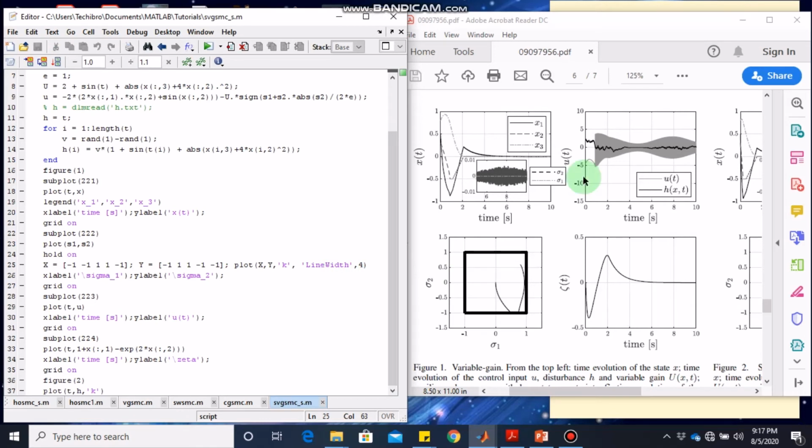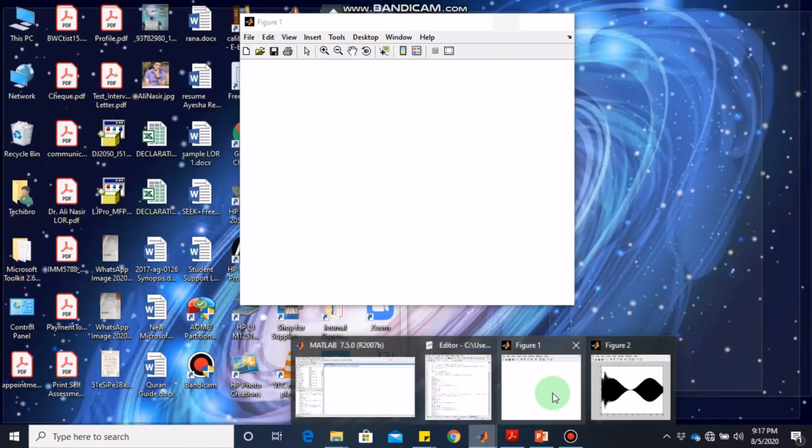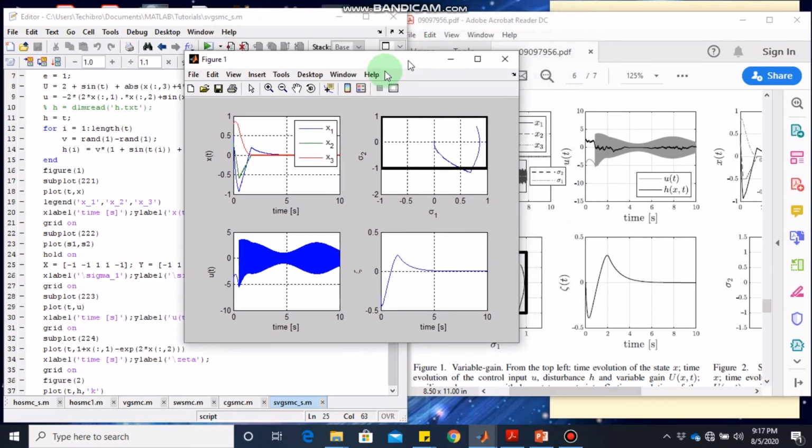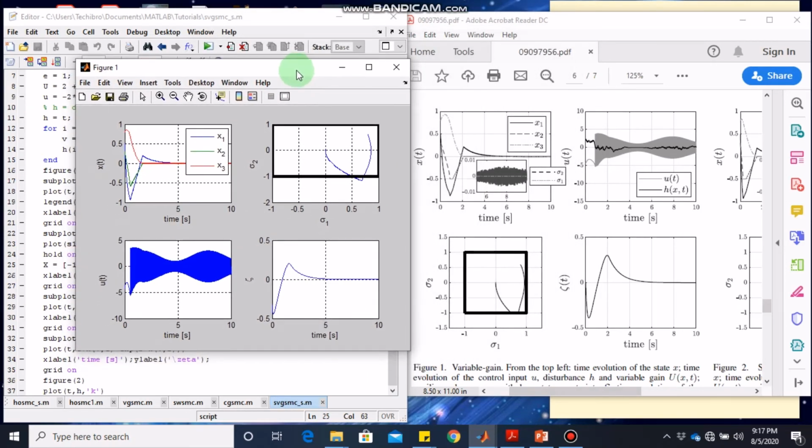I've already run this file, and this is figure 1. These are my results. If you look at these results and compare them with the original results of the paper, they are pretty much the same. Let me move this legend a little bit.